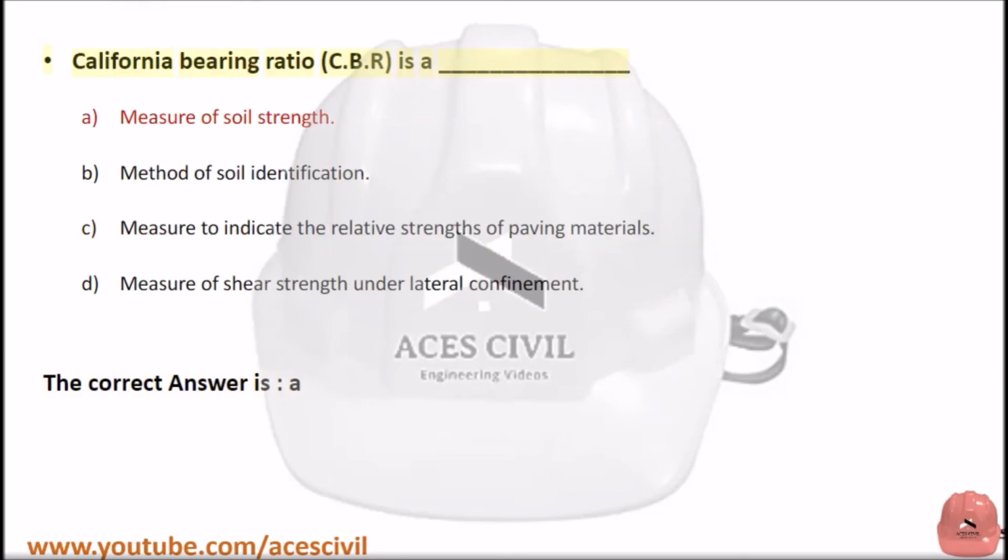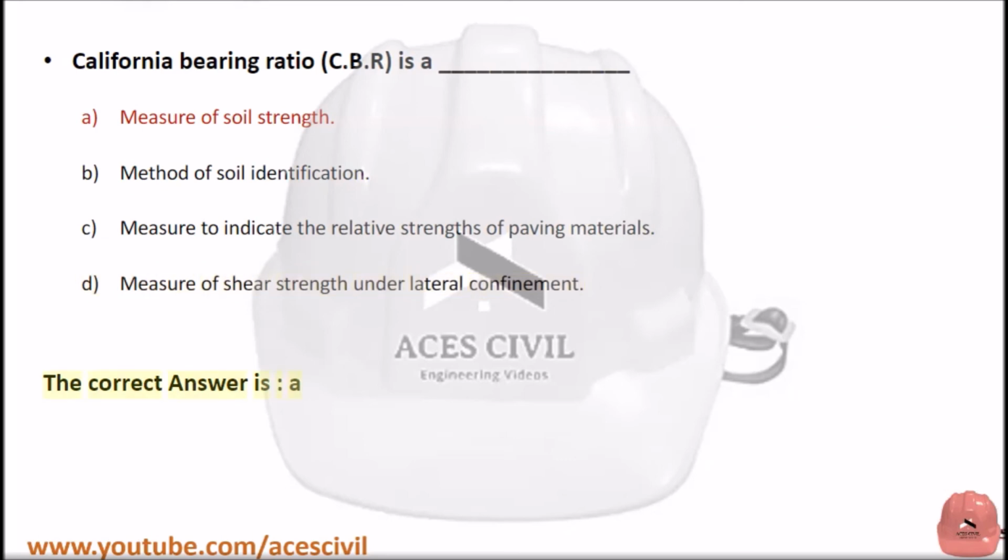California bearing ratio, C.B.R., is A. Measure of soil strength. B. Method of soil identification. C. Measure to indicate the relative strengths of paving materials. D. Measure of shear strength under lateral confinement.